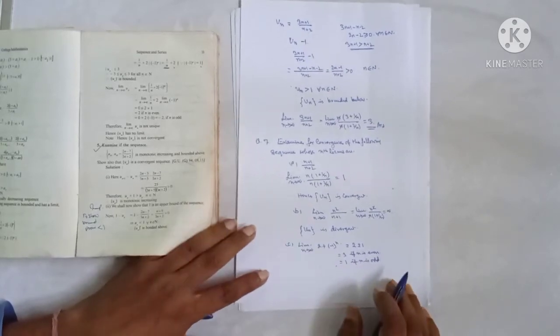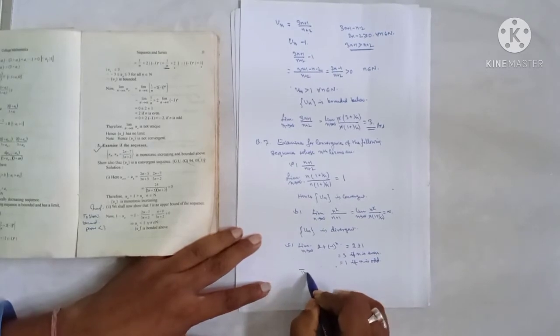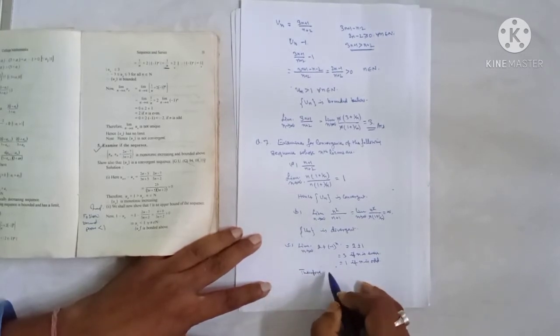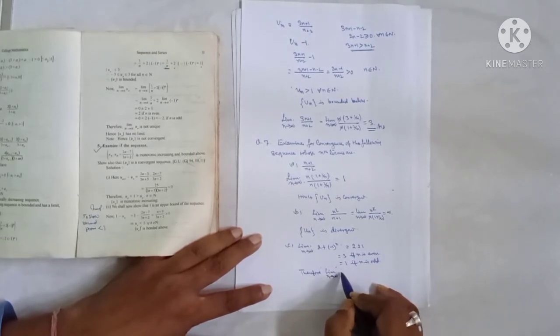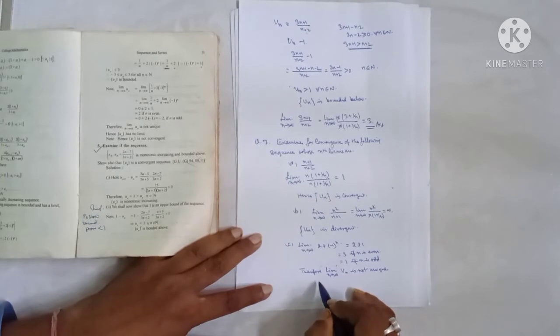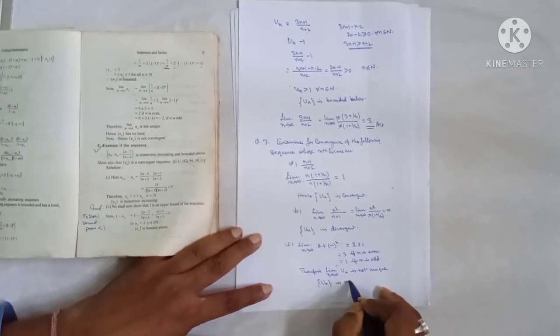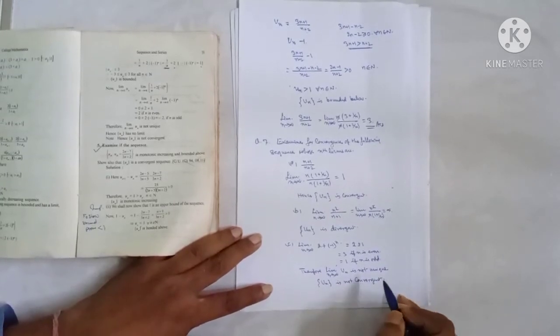Therefore, the limit as n tends to infinity of un is not unique, so un is not convergent.